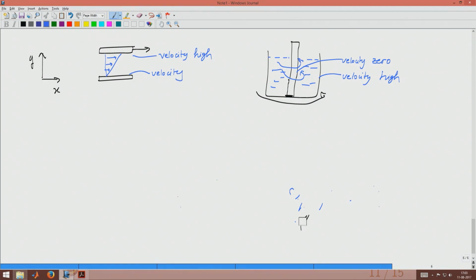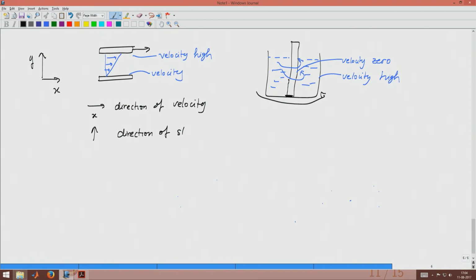So, in both of these situations what we can see is there is a direction of the velocity and then there is a direction of shear. In this case, for example, x is the direction of velocity, but if I go in y direction then the velocity changes.